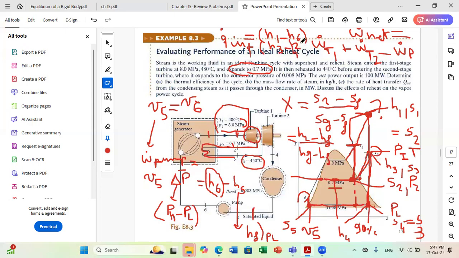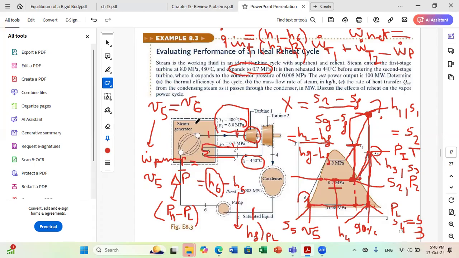Now for W dot per unit mass, so this is small w. For W dot turbine 1, we have H inlet minus H outlet from the energy balance. So it's H1 minus H2. For the heater, I consider out minus in because in the heater, I add heat.